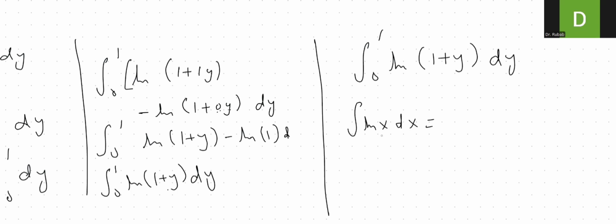And when we do integration by parts, natural log of x is the first function and this is the second function. By integration by parts, we get the result x natural log of x minus x. So in calculus 2, you can directly apply this result here, right? So I will replace x with 1 plus y.